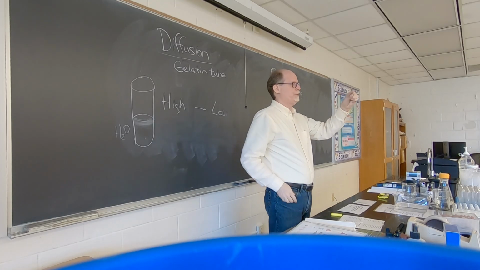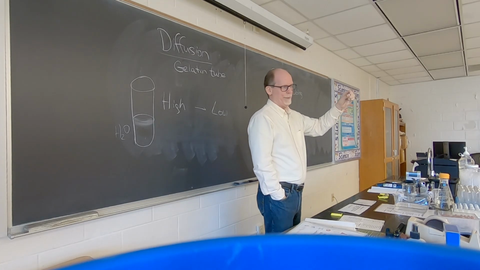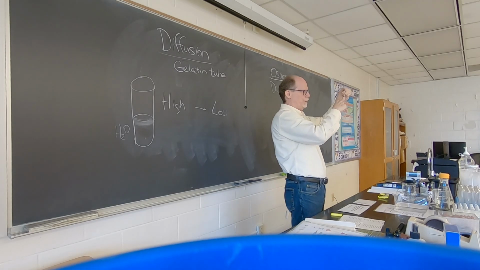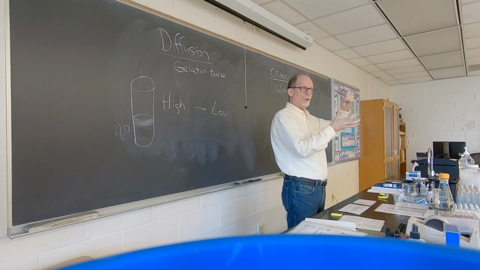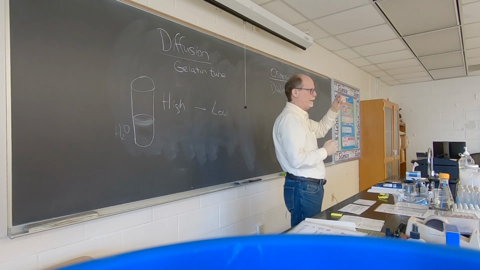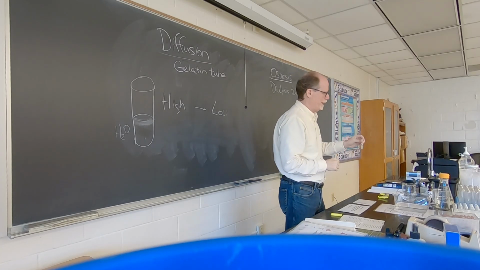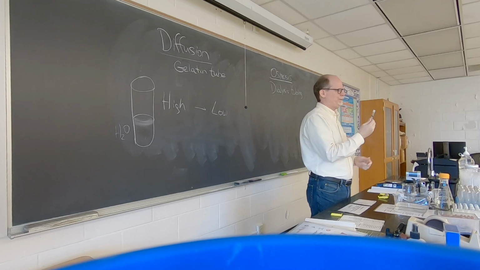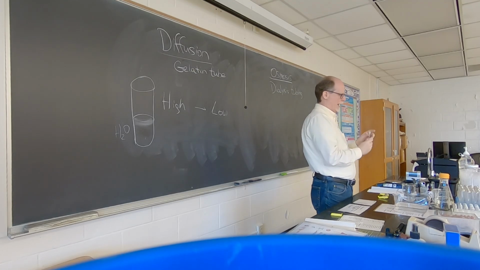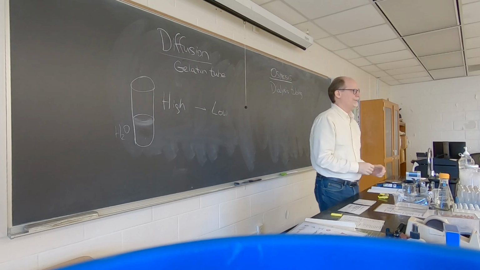Now, if we let this go for maybe a month, it might take a long time, the whole thing would turn blue. If it was equal, then it would appear the same blue color all the way through. But that would take a lot of time. And for this experiment, for this to really move any measurable amount, it takes a couple hours.